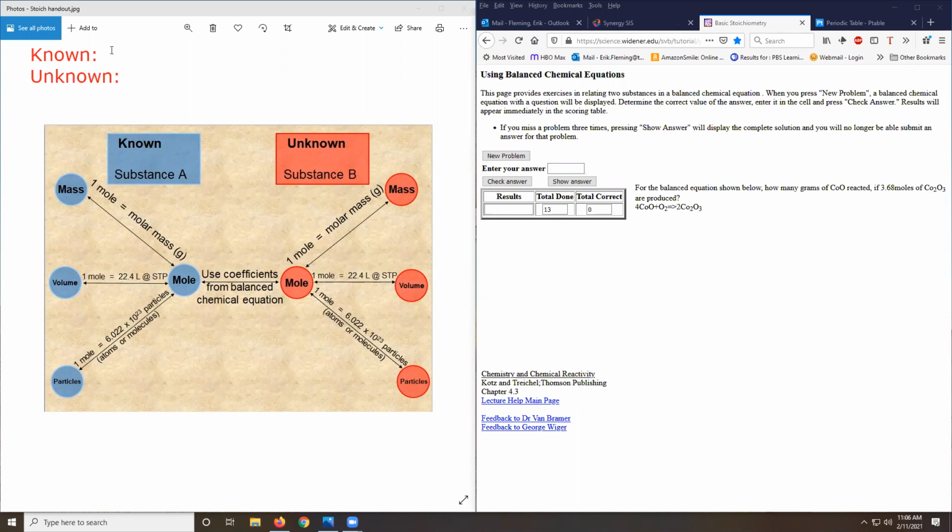That's not a known quantity, that's a substance. So how much of the substance is there? 3.68 moles of Co2O3. And my unknown is grams of CoO.